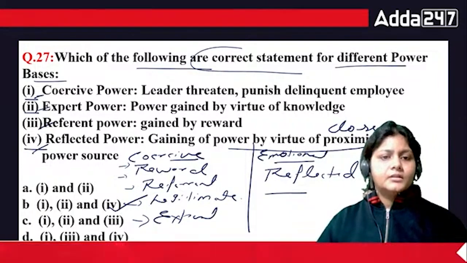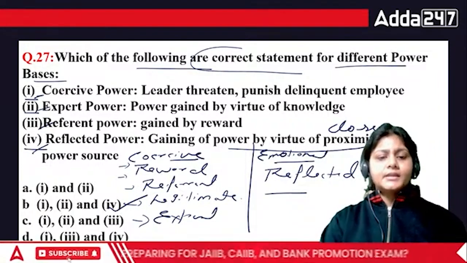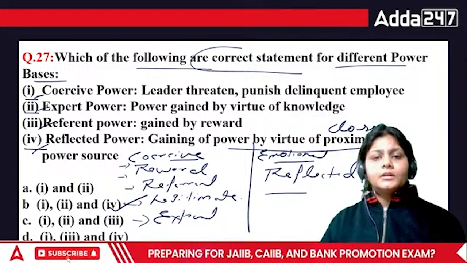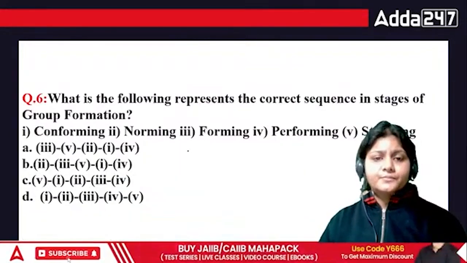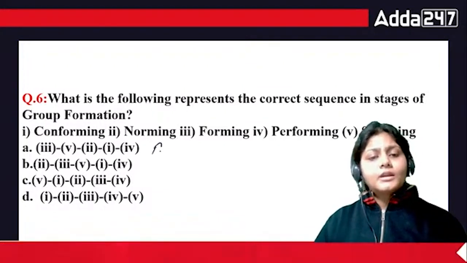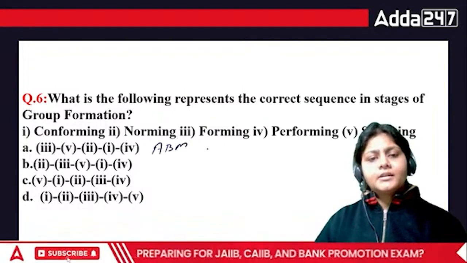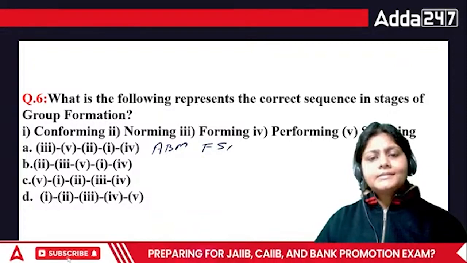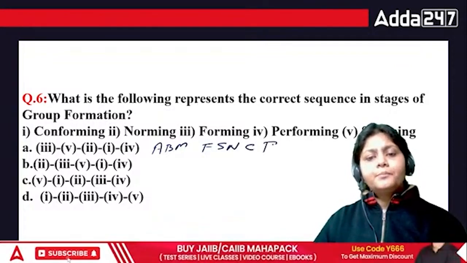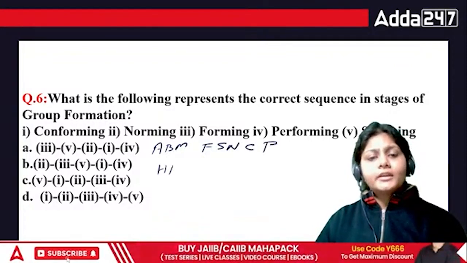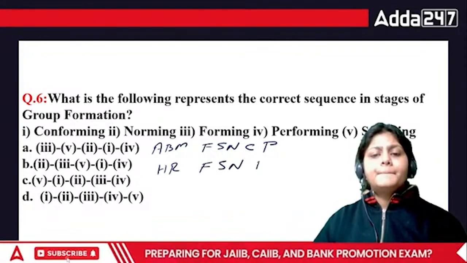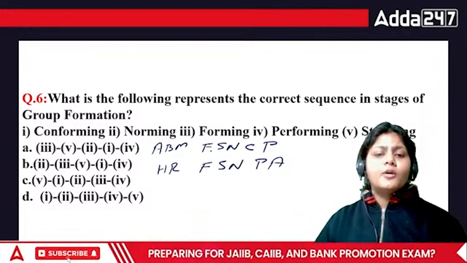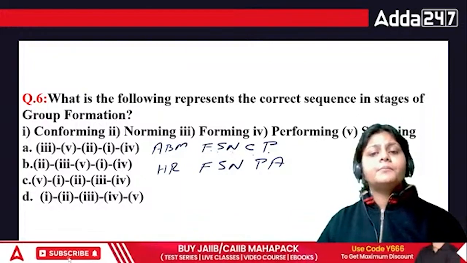Okay, now we have the sixth question. Okay, that is group formation stage, right? So in your ABM book, it is written as F, S and C, P, but in your HR elective book, it is given like F, S, N, P, A. Okay, so forming, storming, norming, confirming, performing.